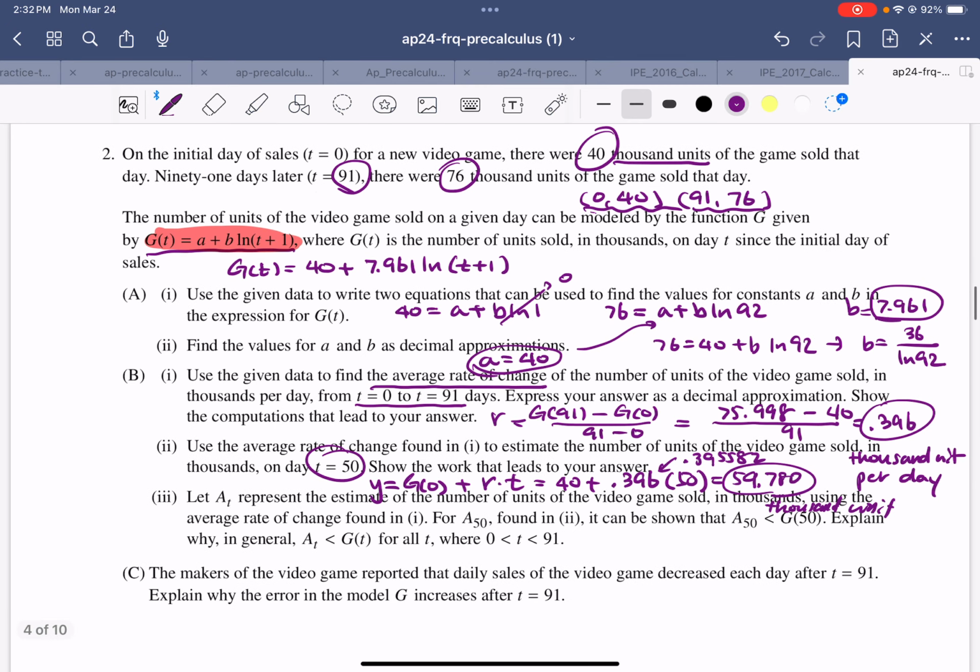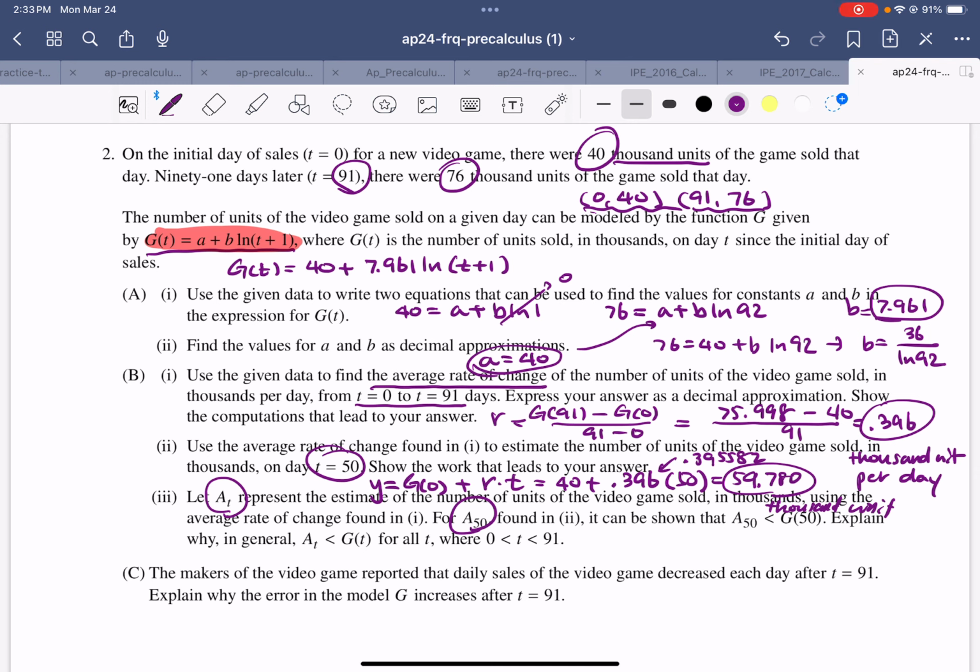Okay. The third one: let A of t mean the approximation using that average rate of change. Estimate the number of unit videos sold, in thousands, using the average rate of change found in part I. So this is an approximation. A stands for approximation when t equals 50.